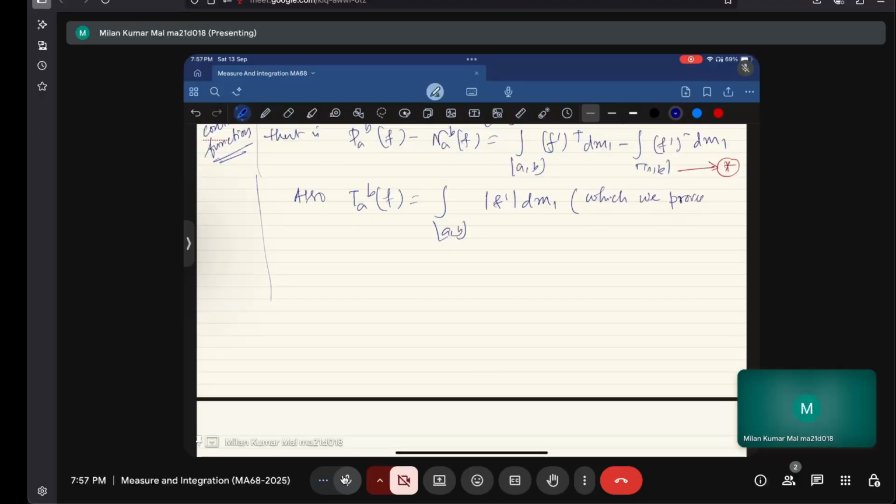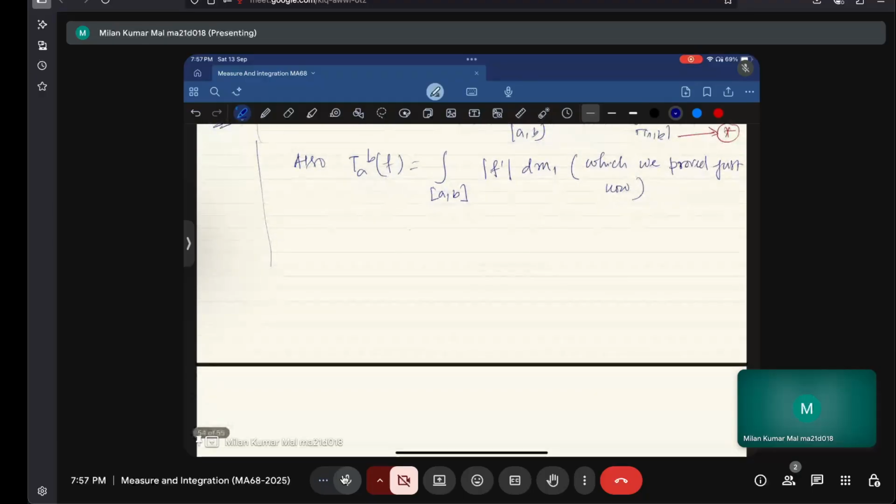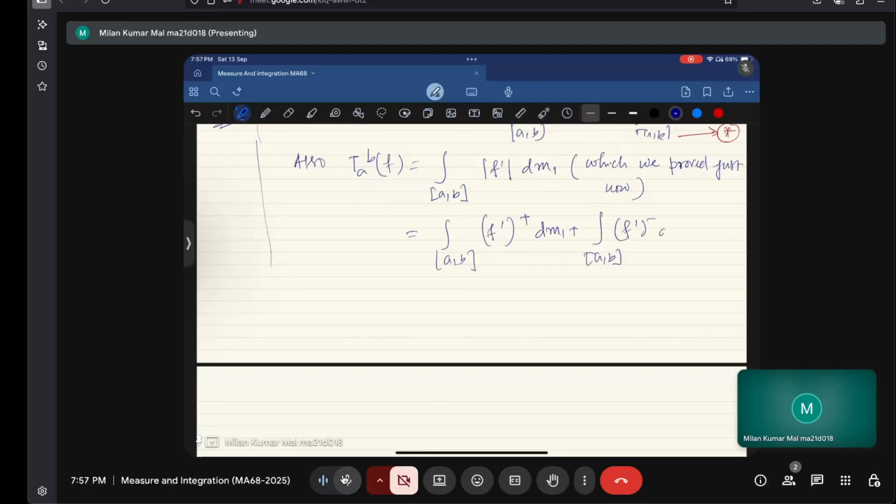This is mod, this is not box. And this is equal to the integral from a to b of f dash plus dm1 plus the integral of f dash minus dm1.